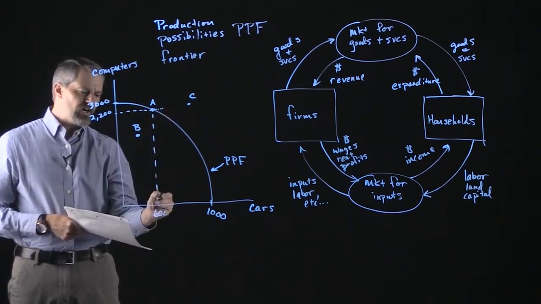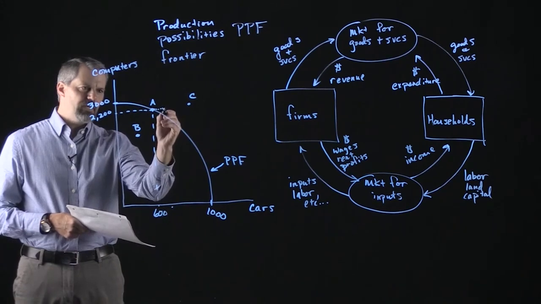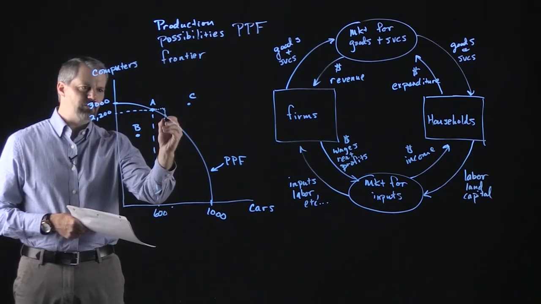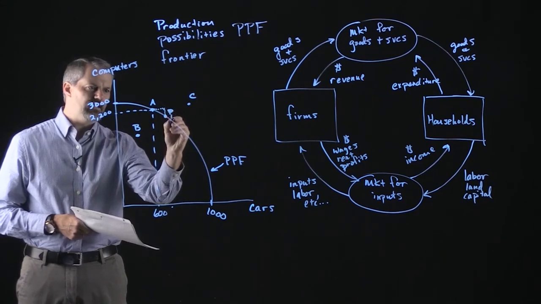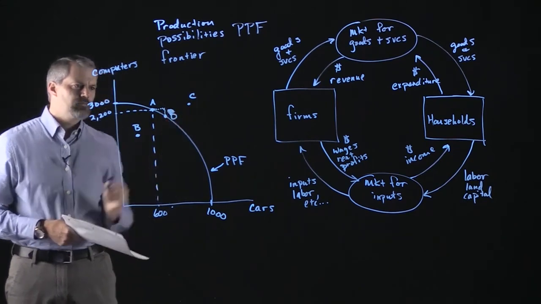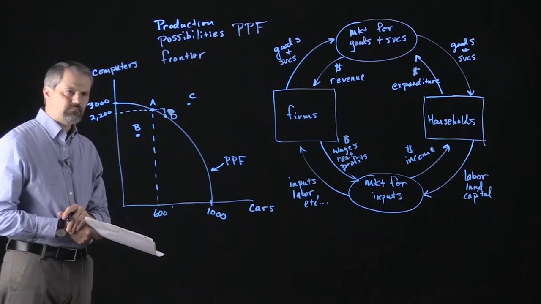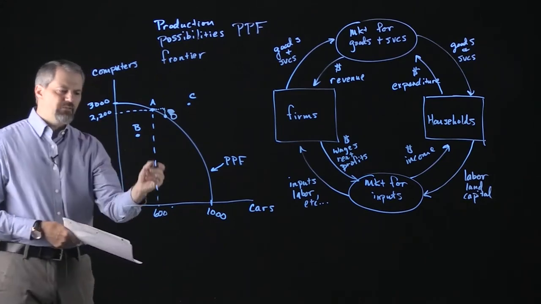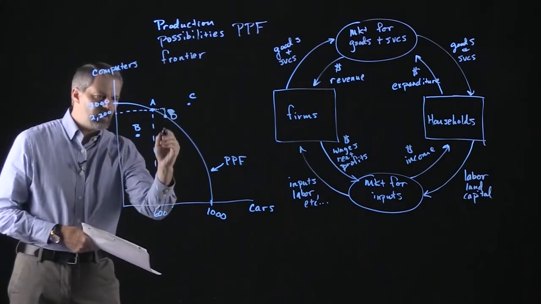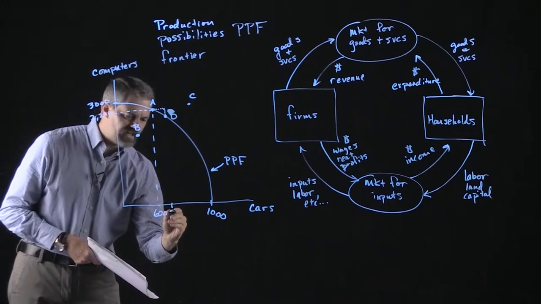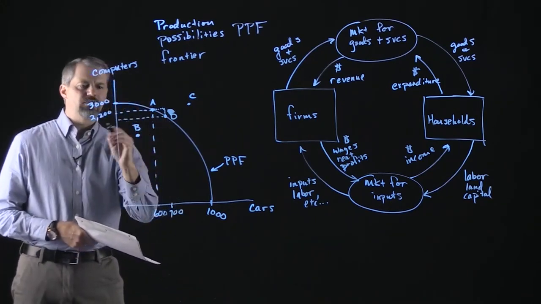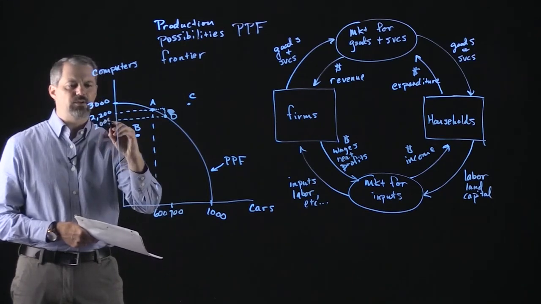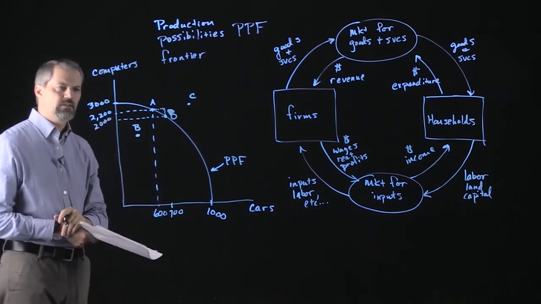So if we're going to have 100 more cars, that means we have to have fewer computers. And so if we think about another point, let's call that point D, where we've got now 100 more cars, let's suppose that's down here at 700, but we've got fewer computers. Let's suppose that means we can only produce 2,000 computers.